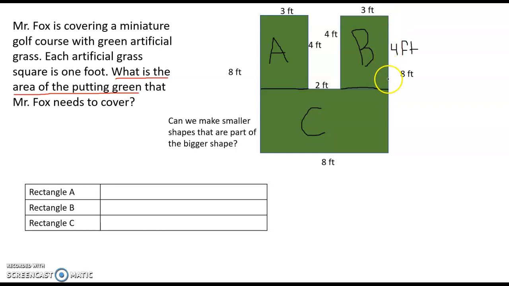So if this whole thing is 8 feet and this is 4 feet, what would this bottom part be? This bottom part is also 4 feet because 4 plus 4 equals 8.